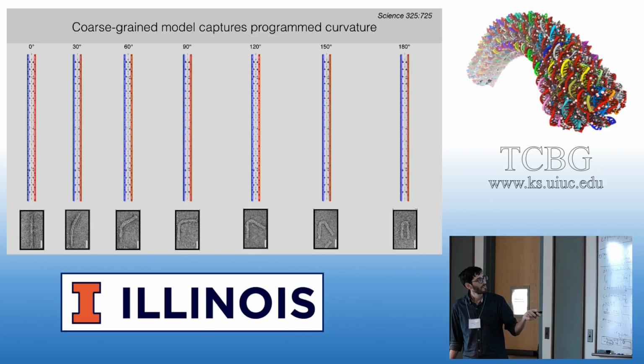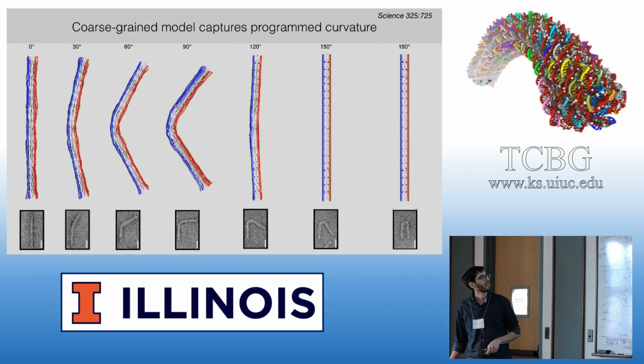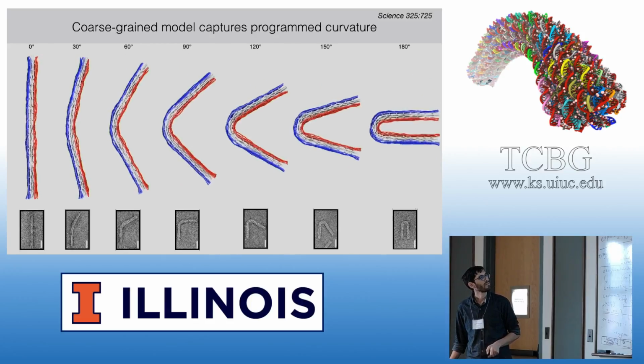So these structures with programmed ends are all initially straight. For the 0-degree one, yes, we definitely simulate it on our web server. But for the rest of them, it will take too long to actually get a converged result.